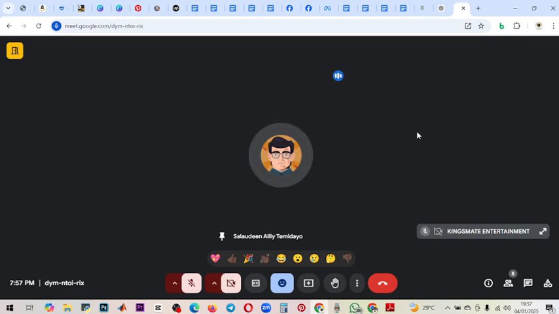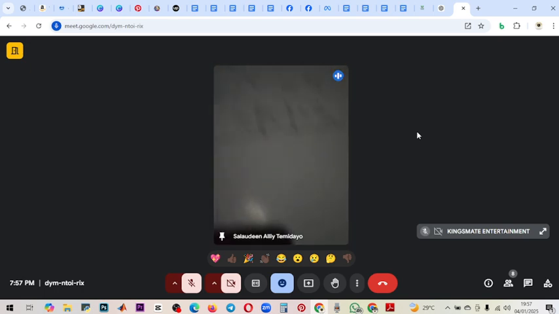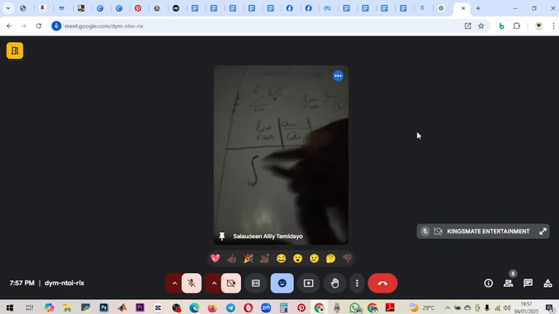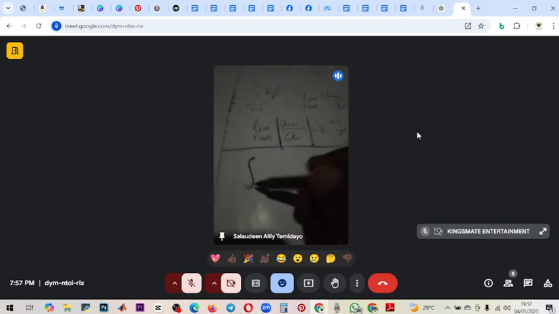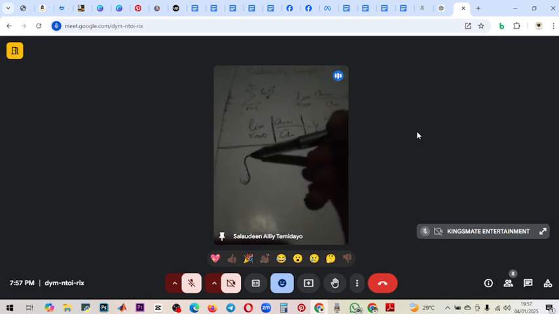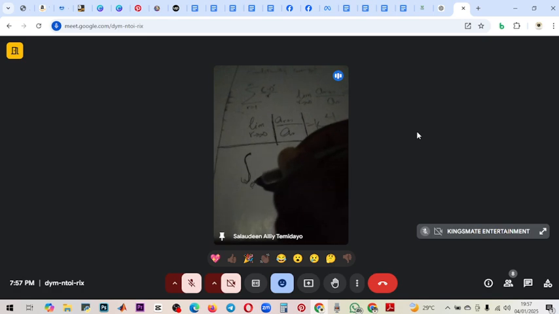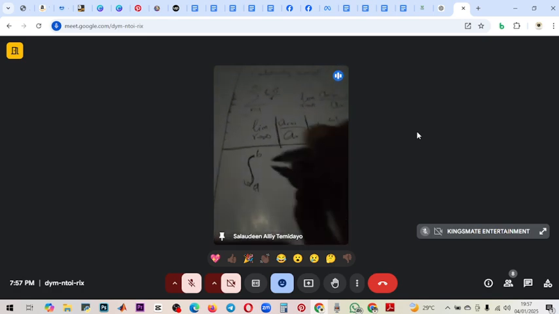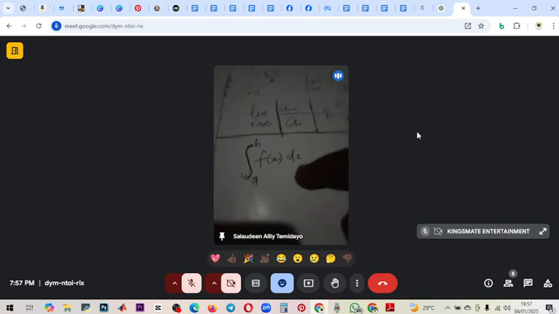We said there is a definite integral and there is an indefinite integral. What do I mean by a definite integral? A definite integral is simply an integral that has a boundary. It starts from something and ends at something, let's say starting from A and ending at B, integrate f of x dx.